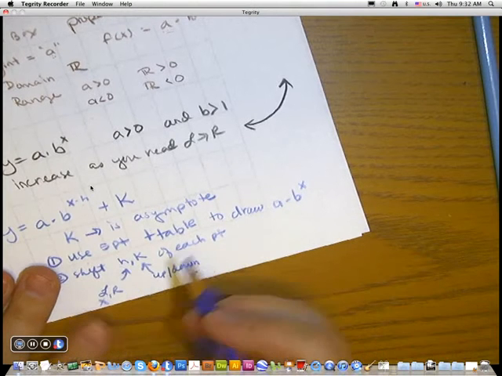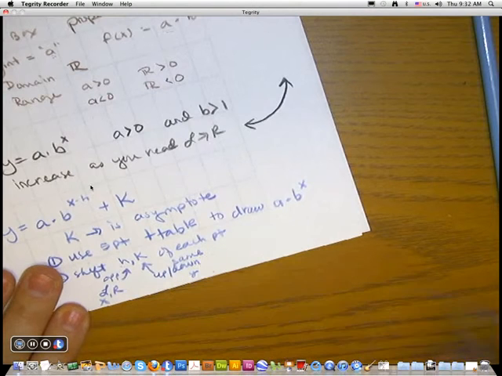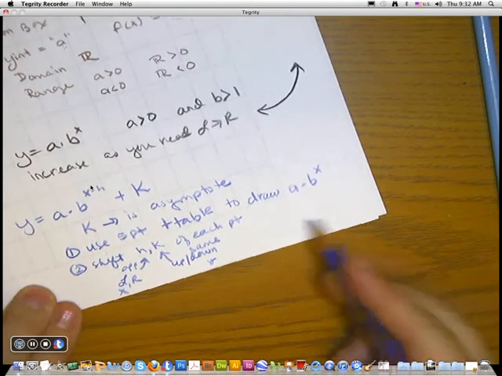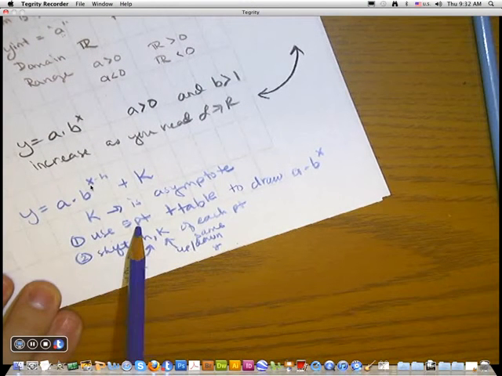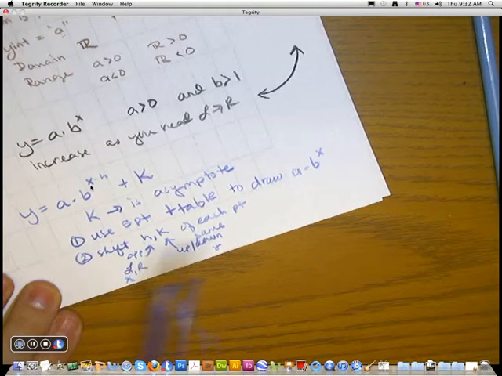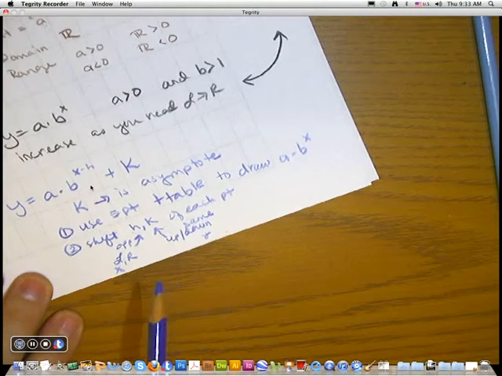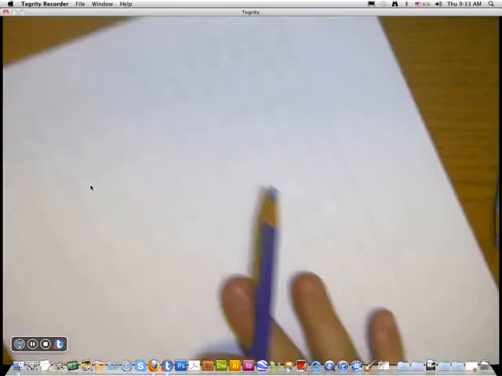And h is always the opposite sign, and k is the same sign. So anytime you're asked to draw these, you're going to do it in a 5-point t-table, and you're going to then shift. So you're going to have kind of two different tables within one.